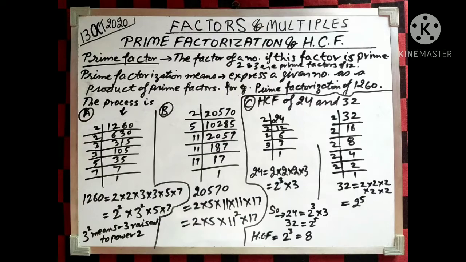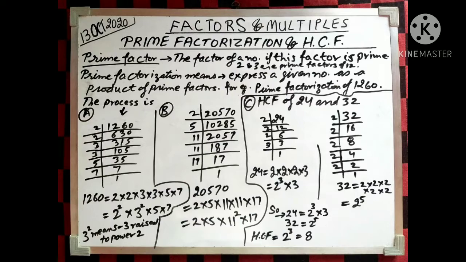Give the prime factorization of 20570. Same way we proceed. We start with 2 and we get the answer as 10285. Then with 5 we get 2057. Then we use 11, we get 187. Then again by 11 we get 17, and 17 ones are 17.